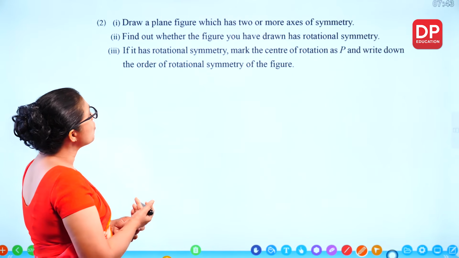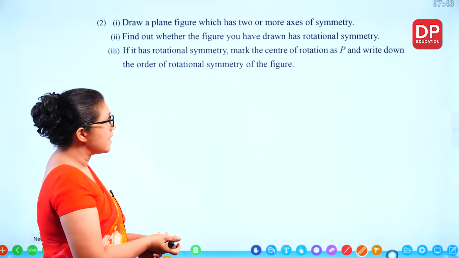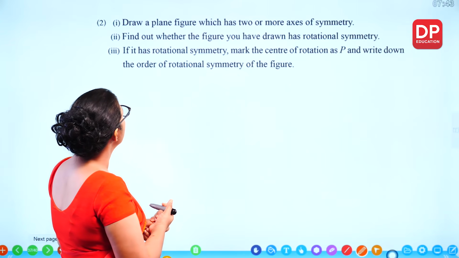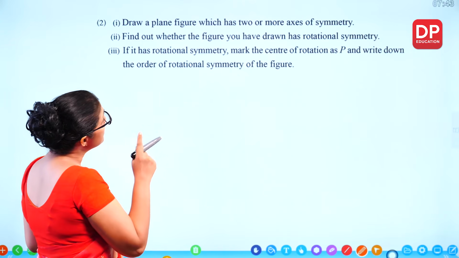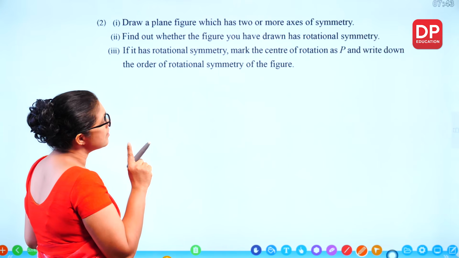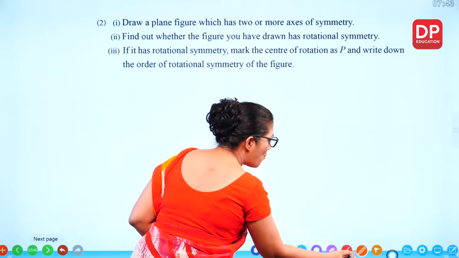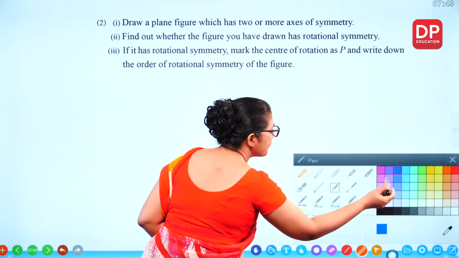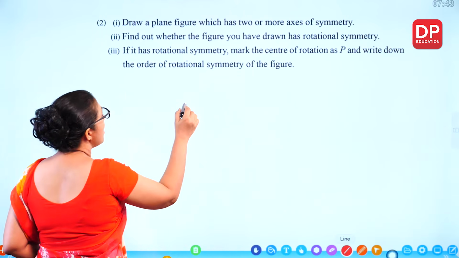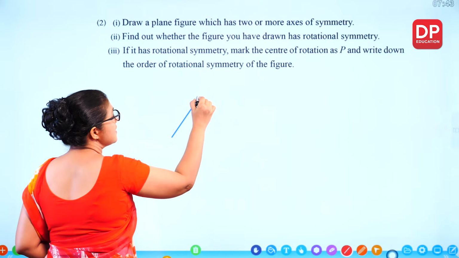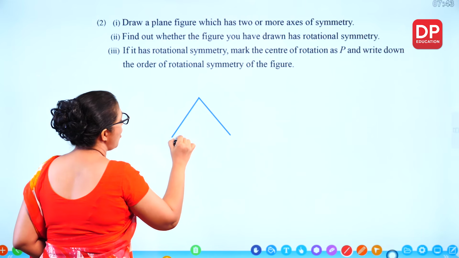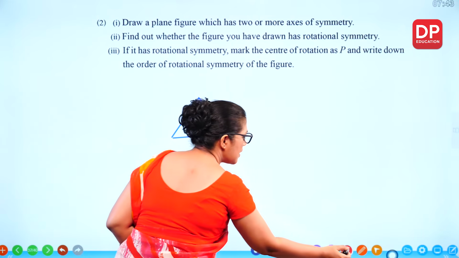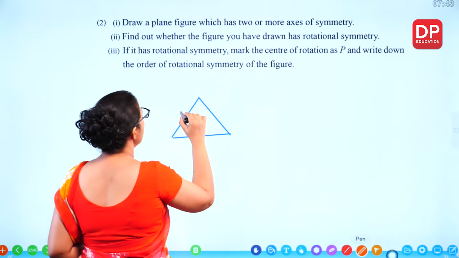Equilateral triangle, square, rectangle, any shape, but which has two or more axes of symmetry. Two or more. So you can take an isosceles triangle, not isosceles, an equilateral triangle. So how many sides are equal here?